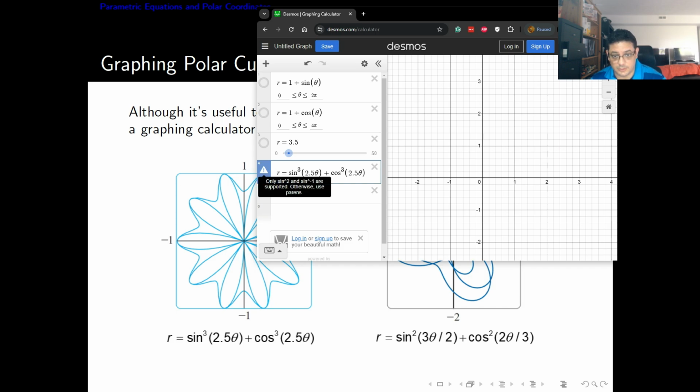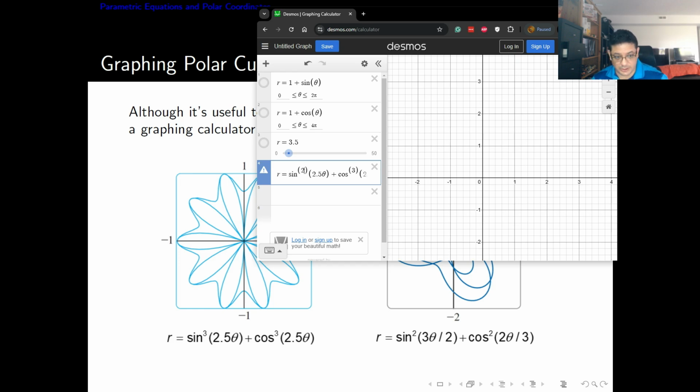Only sine squared. Otherwise use parentheses. This is not supporting this, so let me see if I write this in the correct way. I have some issues with this.